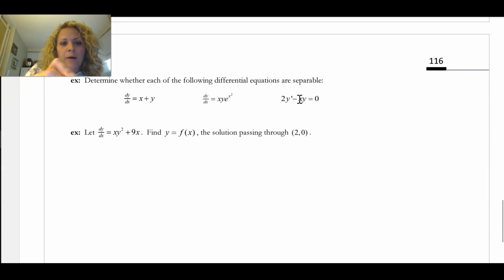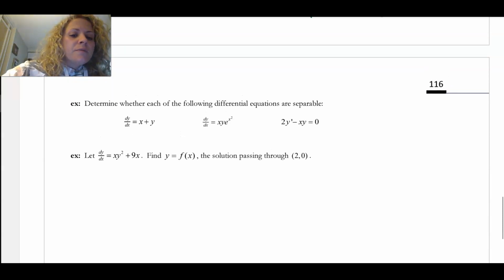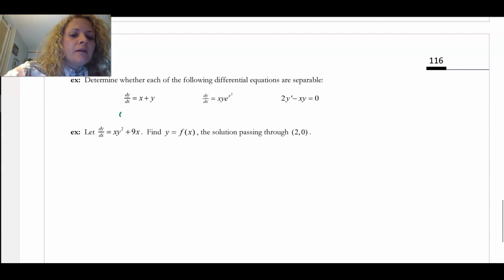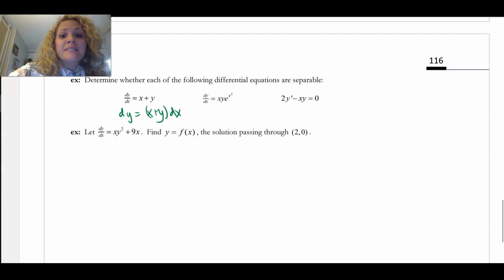So for the first one, maybe it jumps out to you. The first one is out. The first one is not separable. And if we think it through, if I were to multiply both sides by dx, we'd be left with dy equals x plus y in parentheses, that whole thing times dx.